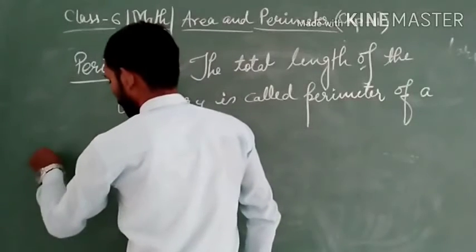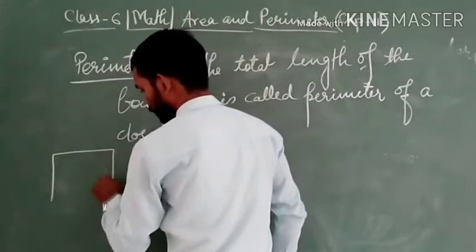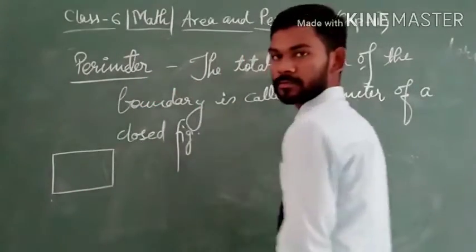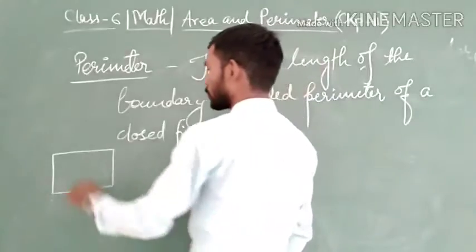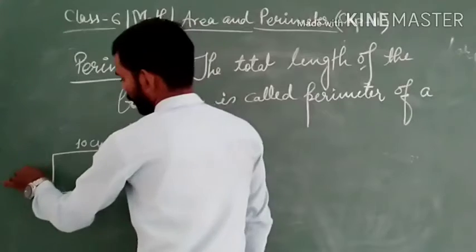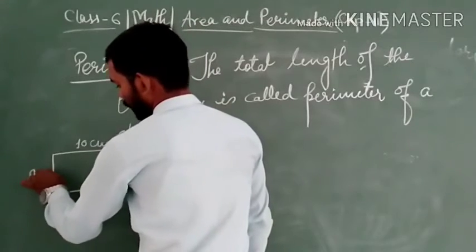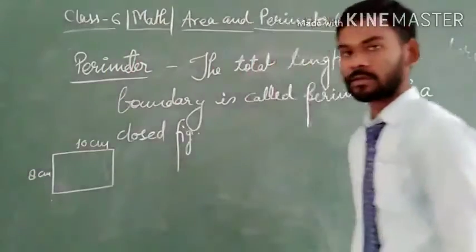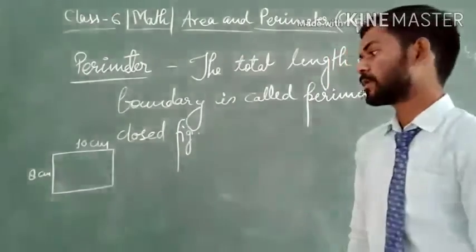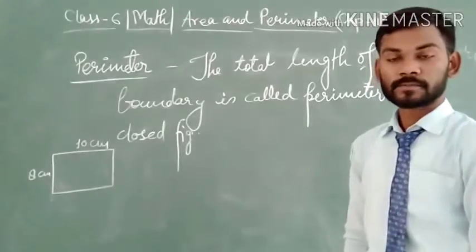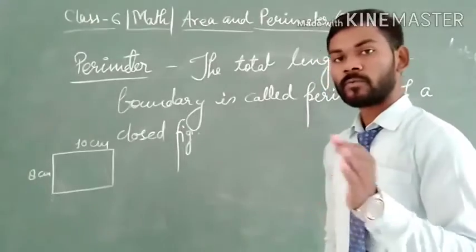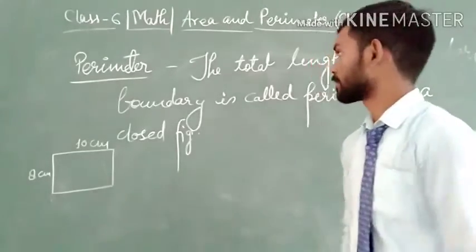So, if I draw a rectangle, this is the rectangle, okay, and just suppose that the length is 10 centimeter and the width is 8 centimeter, and we have to find the perimeter of the rectangle. First of all, let's see what the definition says.